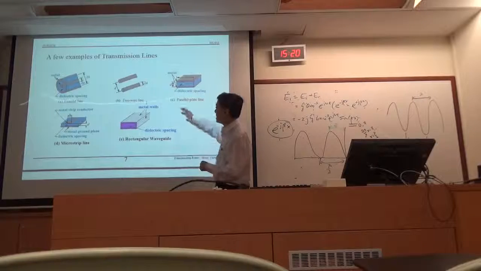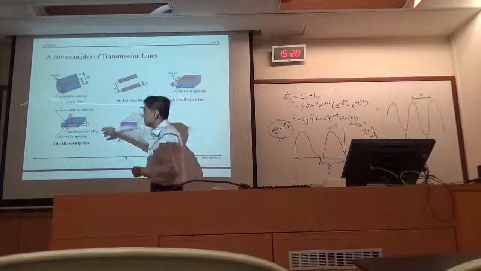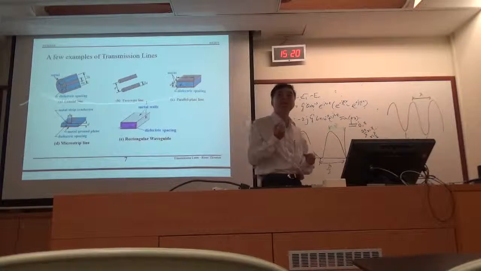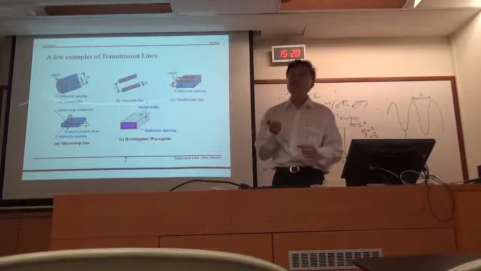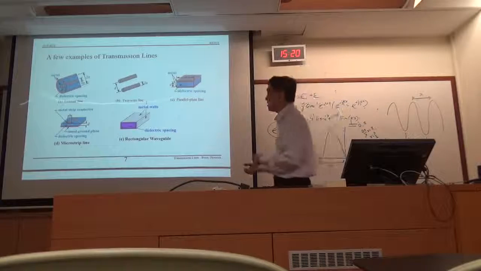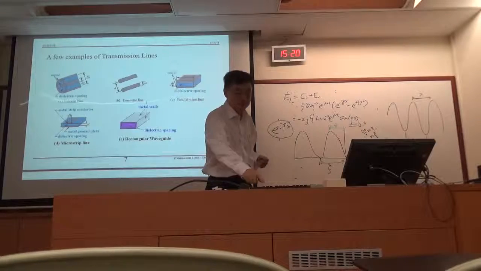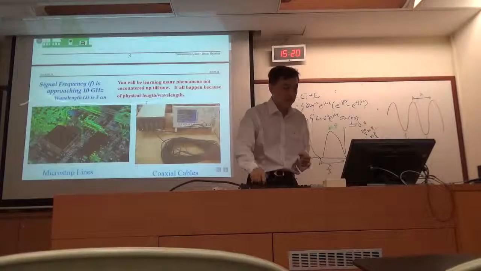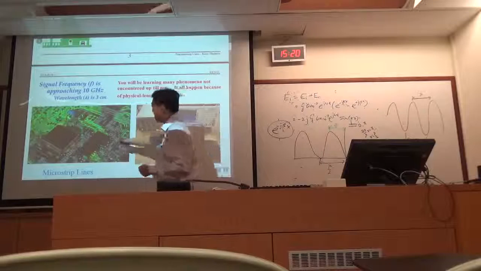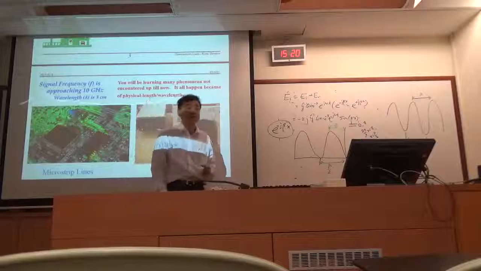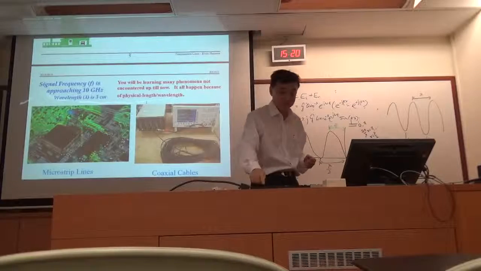But of course, the evolution of the microstrip and all this is because of miniaturization. You cannot put a waveguide like this inside a printed circuit, right? You cannot have this kind of thing here. This is your microstrip line. We analyze all this as well.